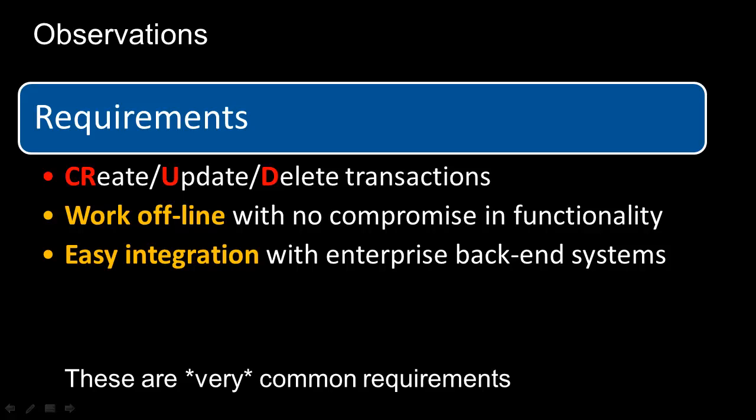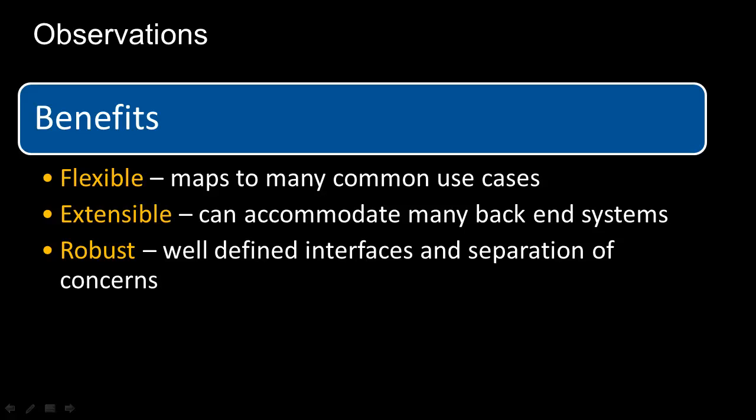The observation's straightforward. John and I both think these are very common requirements that you will encounter in all manner of enterprise application, and therefore we suspect that this type of an architecture might be quite reusable across a great many different scenarios. It's certainly flexible. It maps to many common use cases.